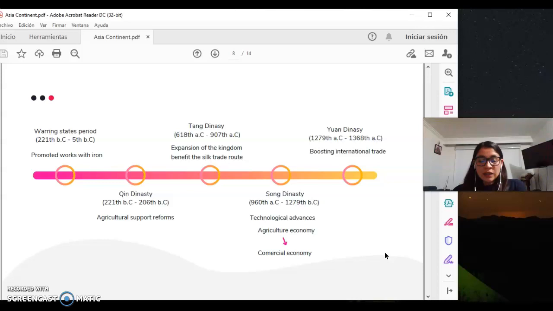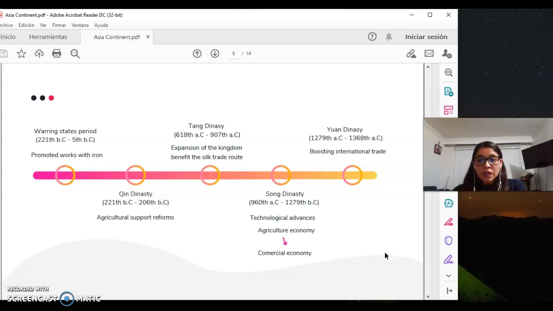This dynasty promoted the expansion of the kingdom, which had a lot of benefits for the population, specifically the silk trade route. And at this moment, the manufacture of clothing is a very important economic sector for the continent.